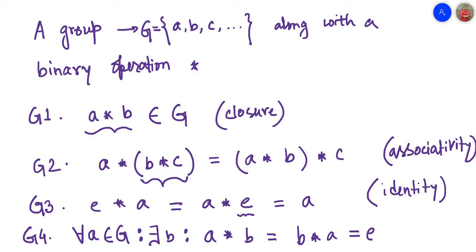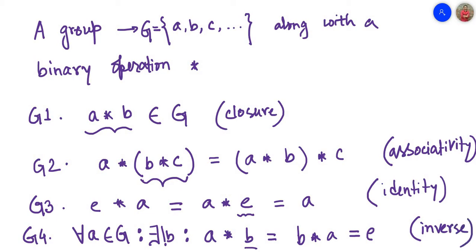By the way, this element will be unique. So for each member A, there will exist a unique member B of this set which follows this criterion. Conventionally, we call this other element the inverse of A. So this postulates the existence of inverse elements for each member of the group.